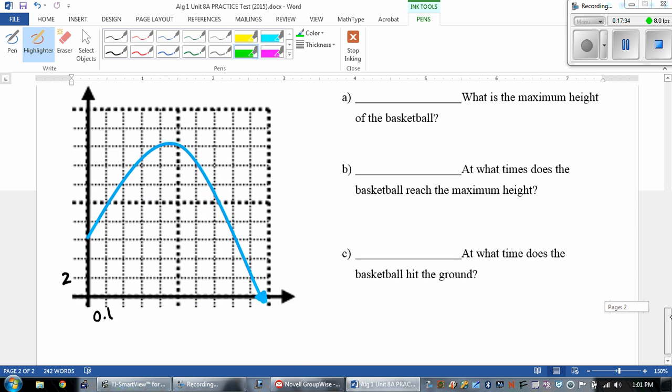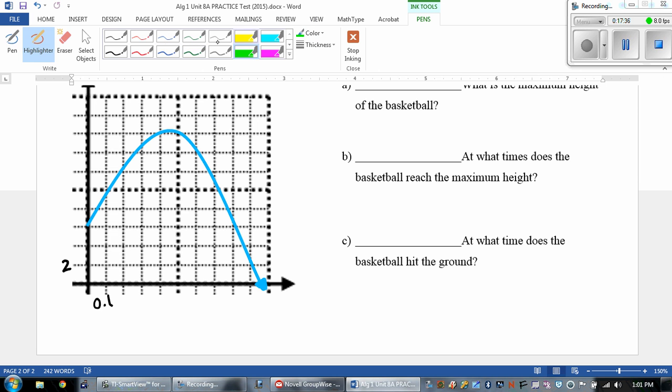Okay, so first thing, let's go down and take care of all of our labeling. We know that this is going to be time in seconds. And our Y, they said that that's going to be the height in feet.